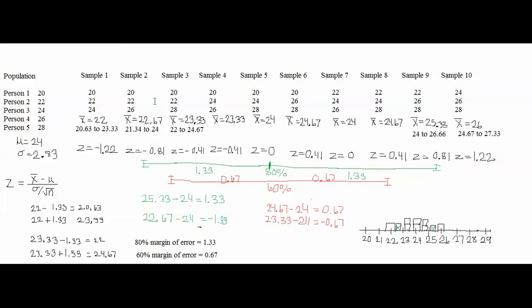So we can visualize what's happening here with this graph down here. If you use one of these two samples that are at the boundary points of the middle 80%, and you create a confidence interval around the sample mean, the margin of error that you're adding and subtracting is barely long enough to reach the population mean.